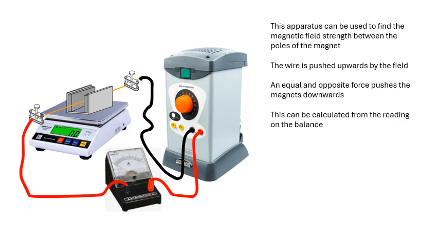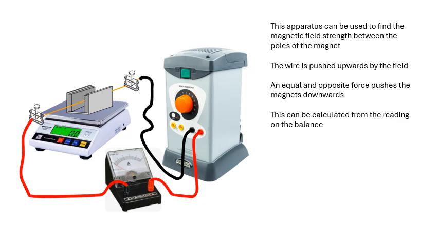Now, this apparatus here, you should know this experiment. It may come up in the exam. I believe you should have done it as a PAG. This apparatus can be used to find the magnetic field strength between the poles of a magnet. We have these magnets which are on top of these electronic scales. When there's no current flowing, you zero the scales, so it reads 0.